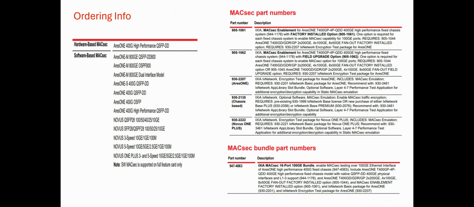And on the right side here are the part numbers for the specific MACSec functionality to be turned on, either on the chassis or ARIS-1 or on the Novus Plus 1. And there's actually a bundle here if you're looking into the ARIS-1T, the software bundle.